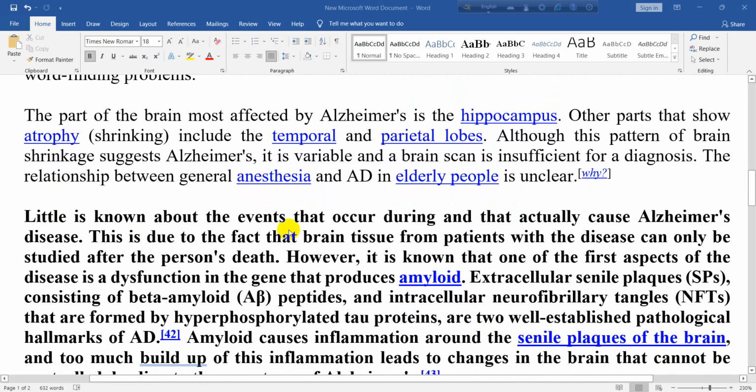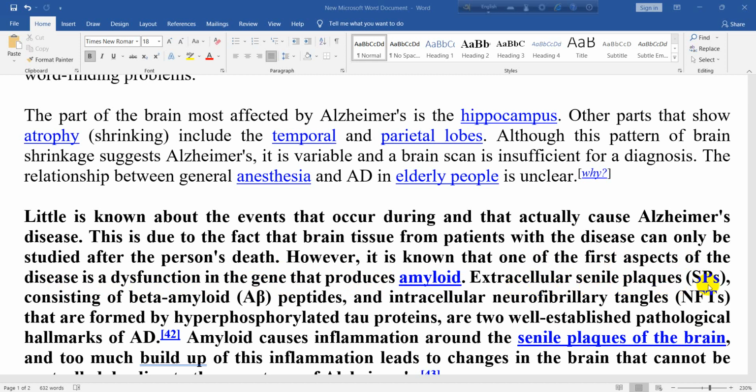Little is known about the events that occur during and actually cause Alzheimer's disease. This is because brain tissue from patients with the disease can only be studied after the person's death. However, it is known that one of the first aspects of the disease is a dysfunction in the gene that produces amyloid.